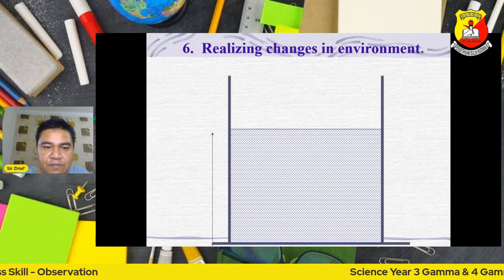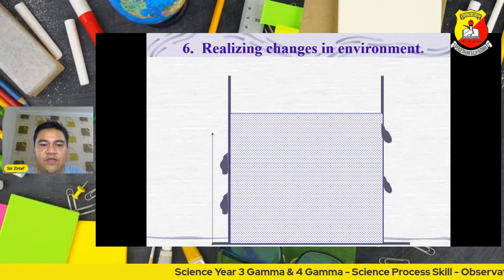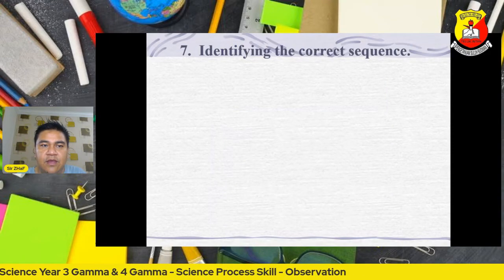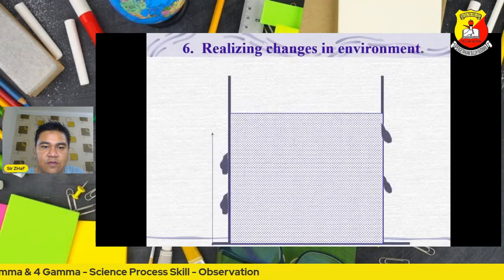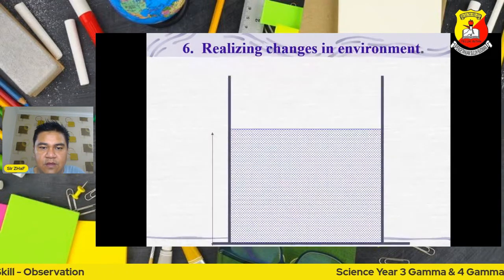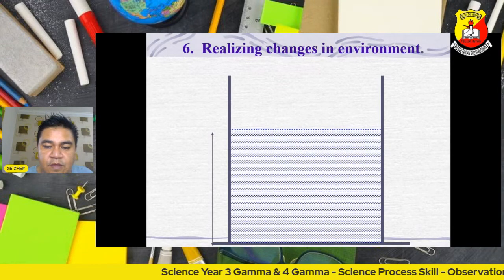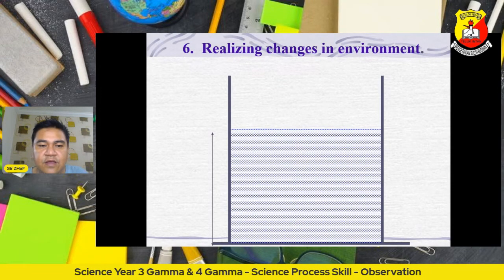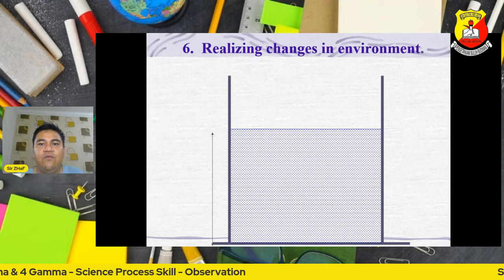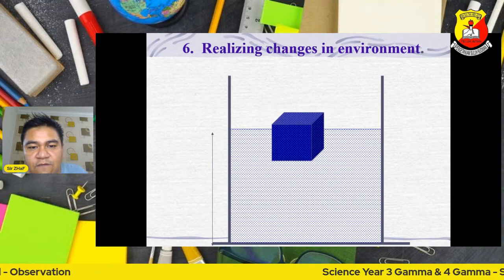Okay, look at the picture. This is a beaker. Inside the beaker is water. And then what is happening? They put in a cube of ice.